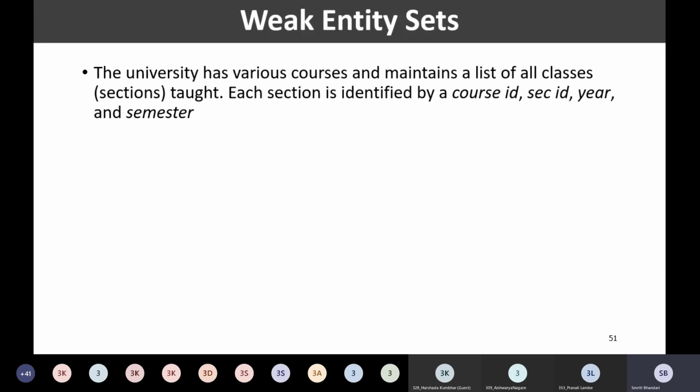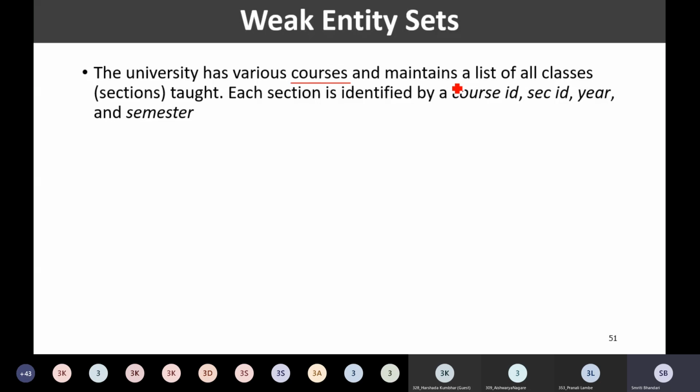No doubt we can identify here that course is one of the entity sets that stores the information related to the courses. But in addition to that information, we want to maintain a record that contains whichever sections are taught under every course.